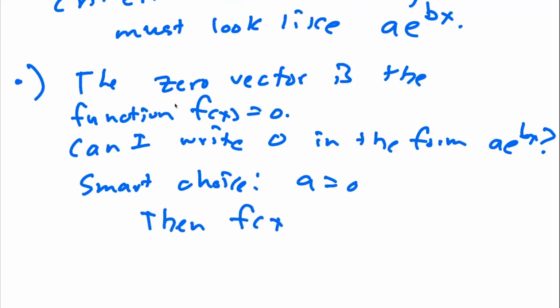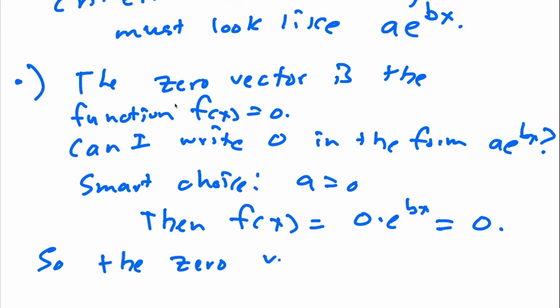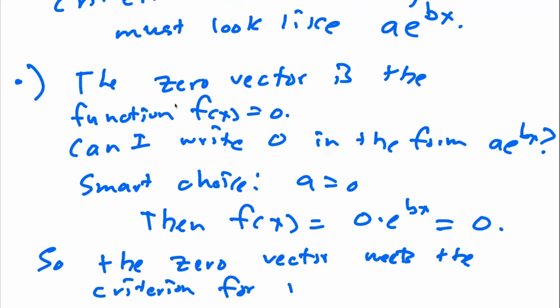Then f of x is equal to 0 times e to the bx, but 0 times e to the bx is certainly 0, right? So all this is to say that the 0 function or the 0 vector meets the criterion for membership. So this one is okay.